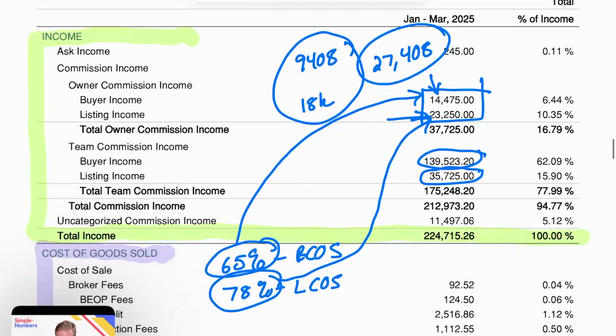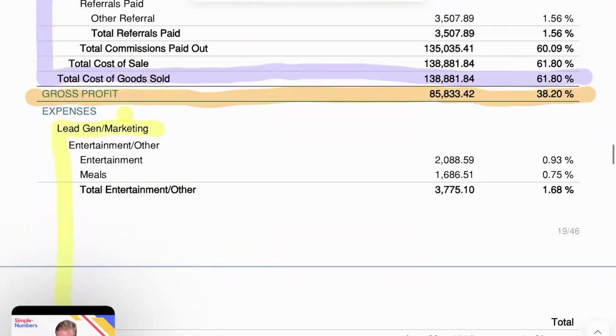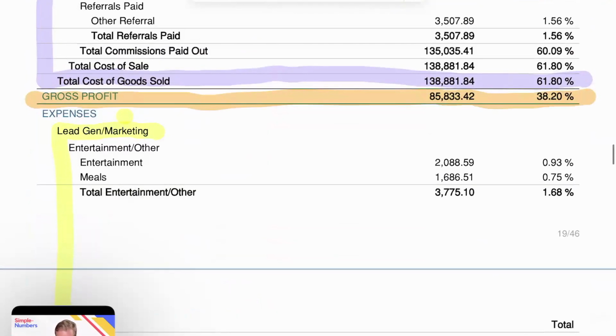So what we need to do is add that $27,408 to the cost of sale, which changes the amount we would have paid out. Instead of on paper paying out $139,000, we would have paid out $166,000, which means we wouldn't have kept $86,000. We would have only kept $59,000.